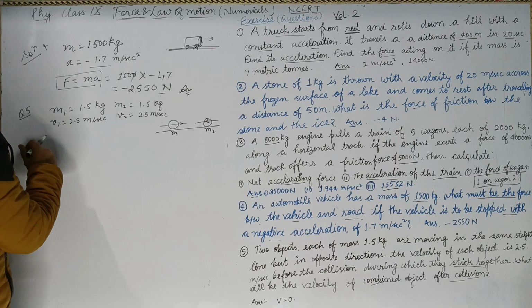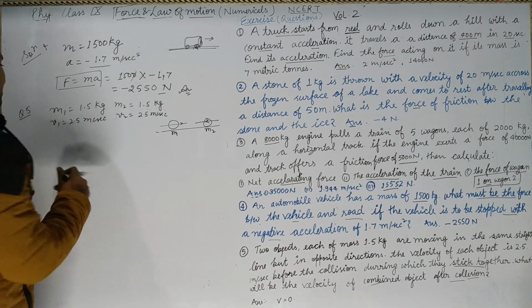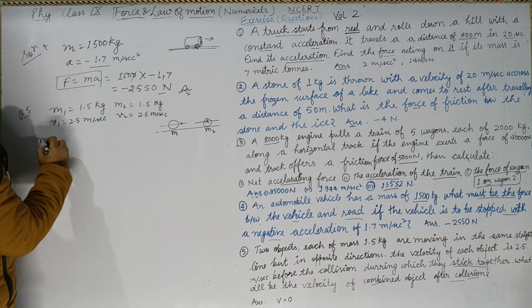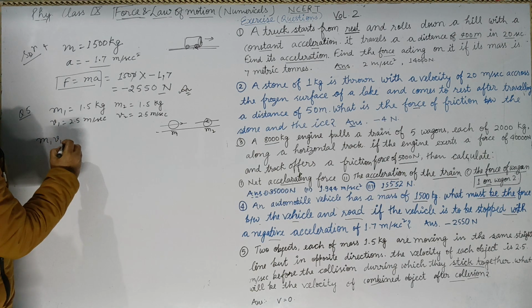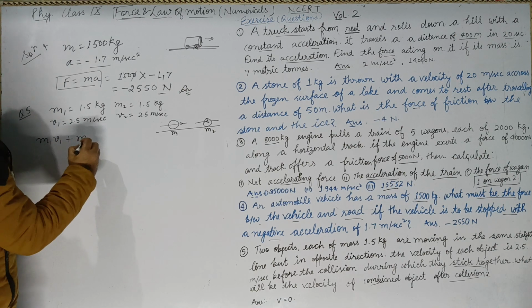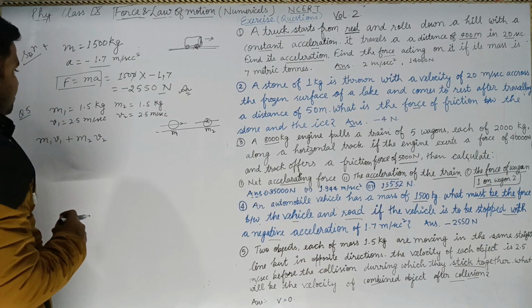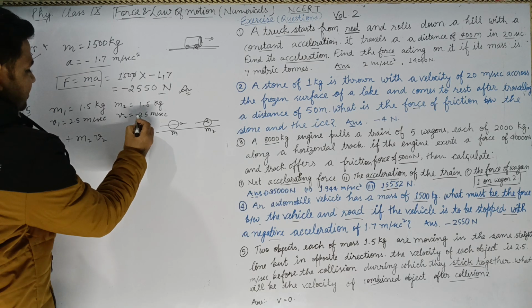The change in momentum. Before the collision, they go in opposite directions. So we write m1 v1 plus m2 v2, with this velocity in the negative direction.